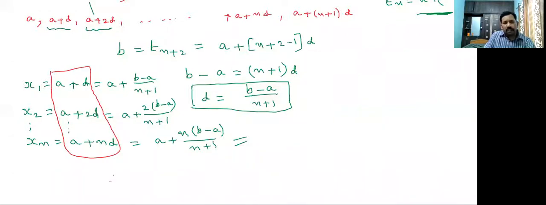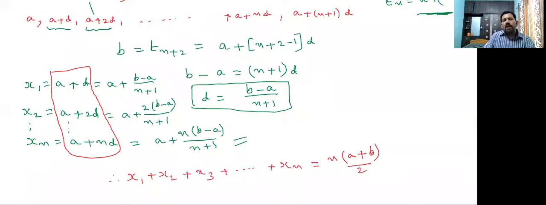Okay, now I am just writing the formula. x1 plus x2 plus x3 plus and so on xn, the sum of n arithmetic means, is equal to n into (a plus b) by 2, that is n times the arithmetic mean between a and b. This is the formula. Students, have all of you understood now?